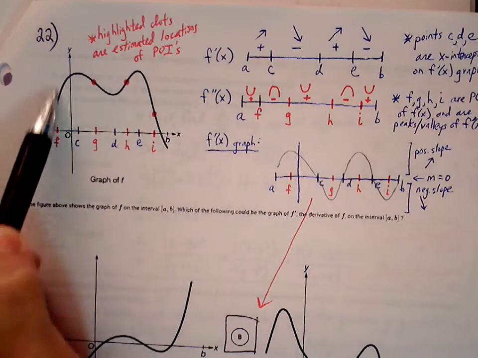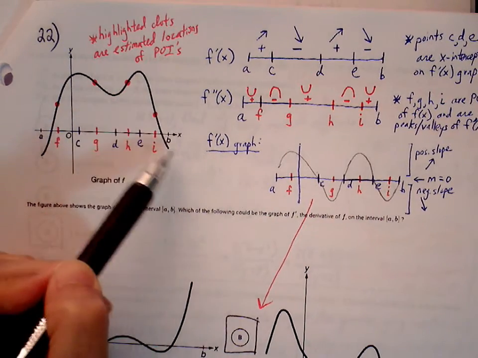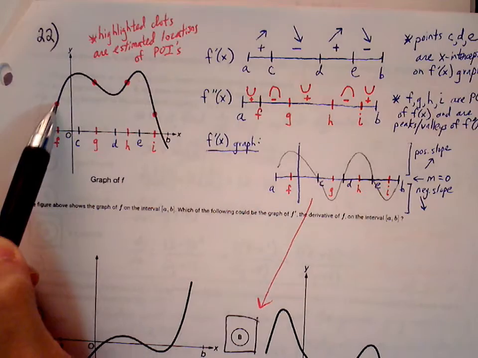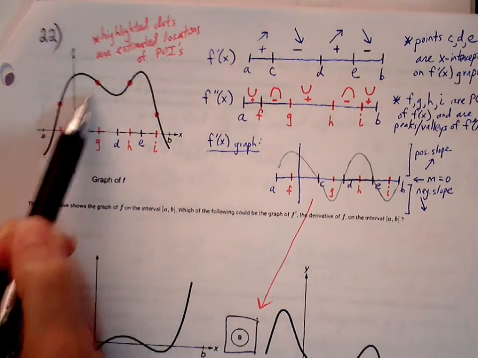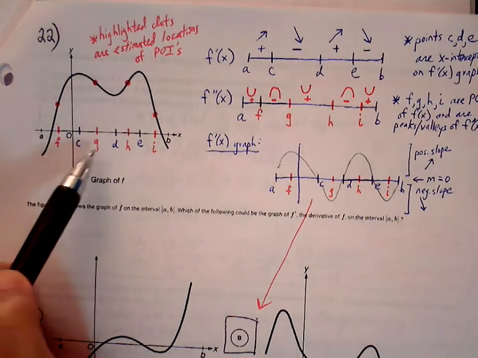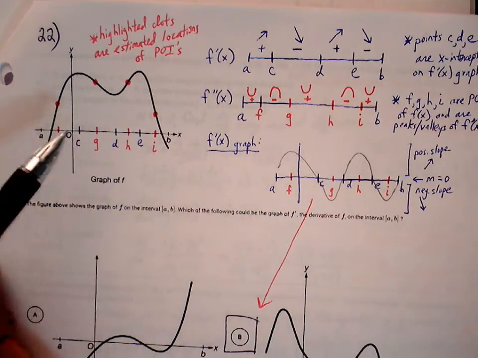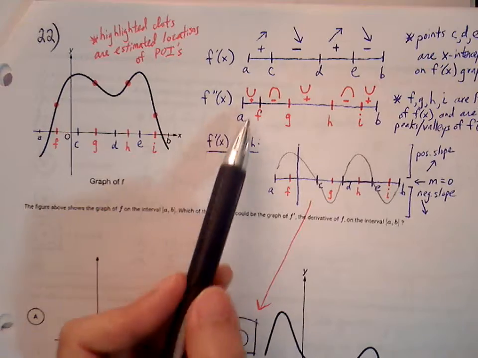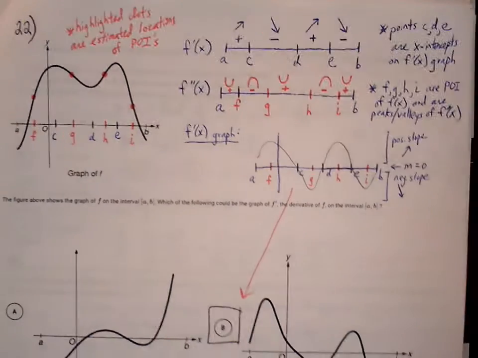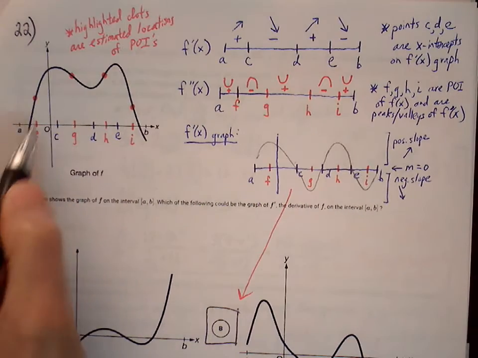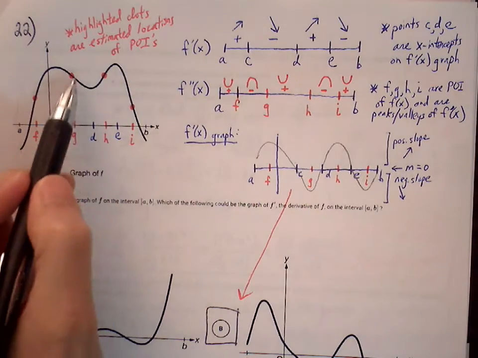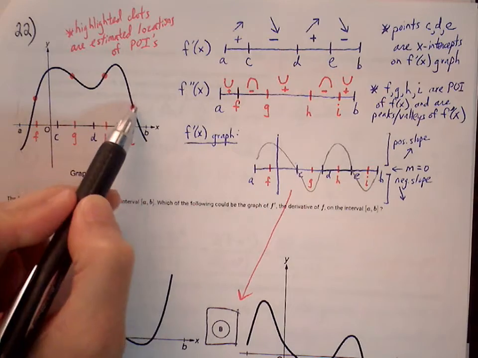So between all these transitions, between concave up and concave down, there must be points of inflection. So I'm just going to indicate where I best think those points of inflection are. So in red, I use some more letters to indicate those points of inflection, and I created a second derivative sign line, and I identified concavity in each of those intervals. So concave up, followed by concave down, followed by concave up, concave down, and then concave up.